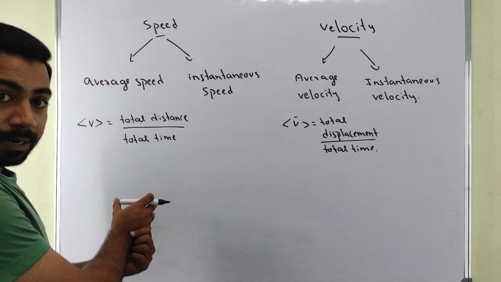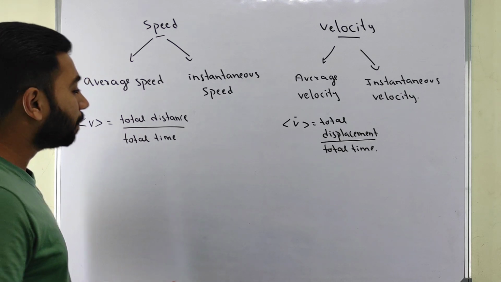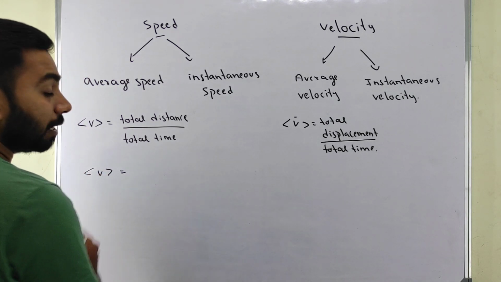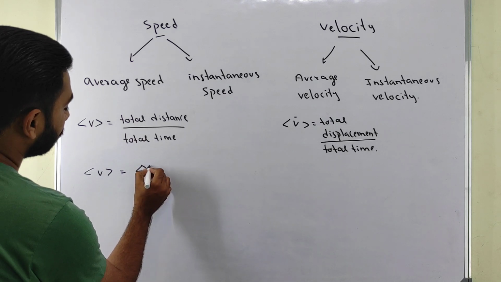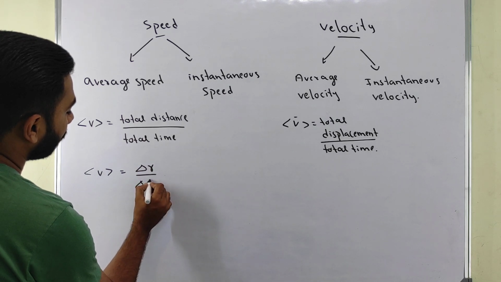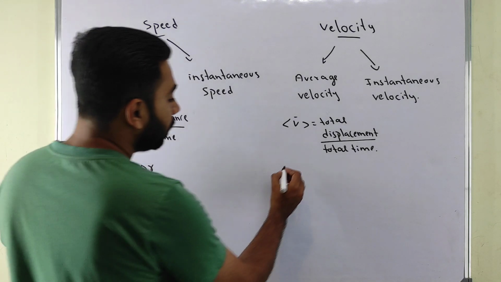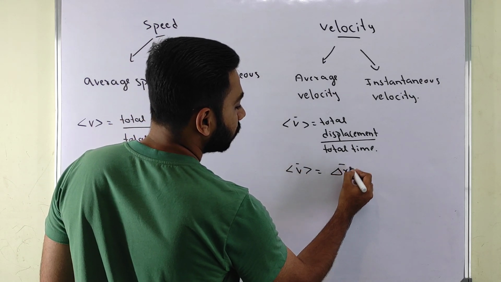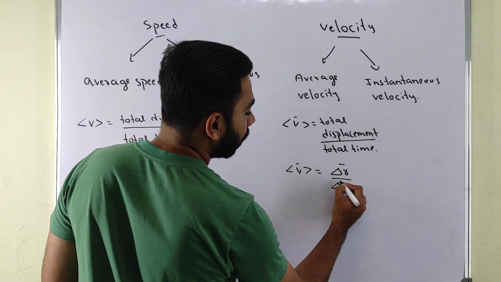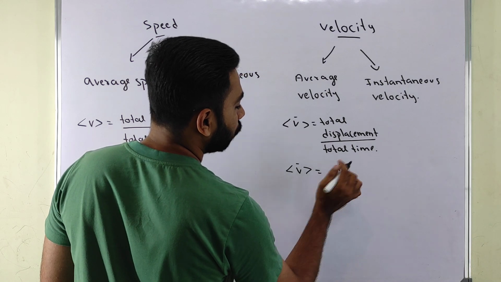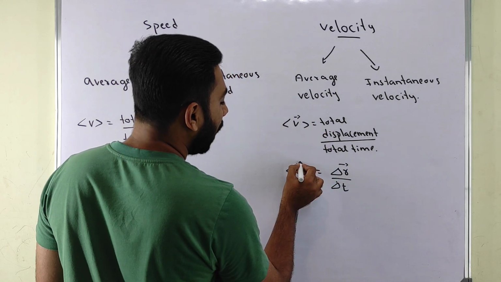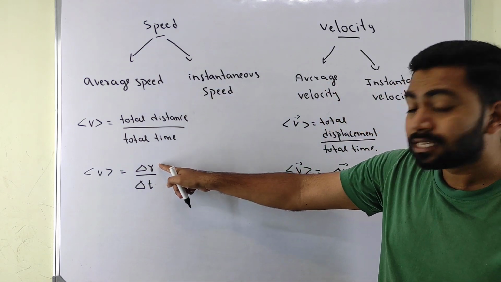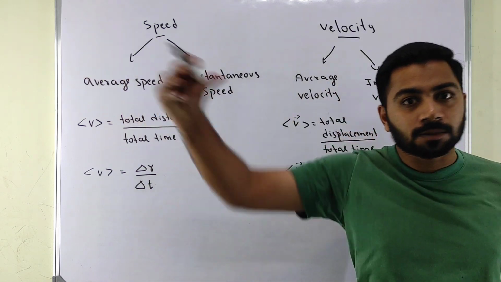Now, how do we represent this? For average speed, this dot says the overall distance.